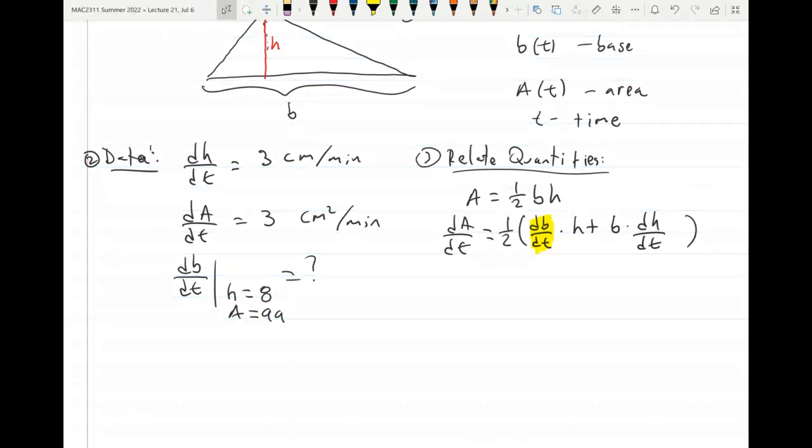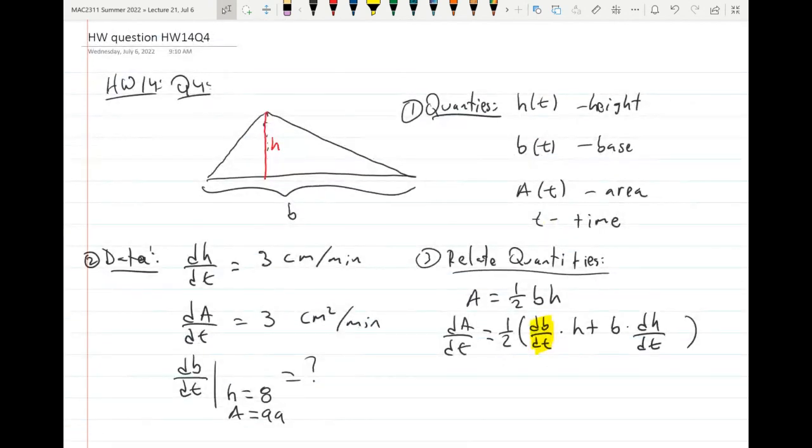Now, how do we find B at that point in time? That's when we need the area. We need to come back to the triangle, right? Because we know that the area equals 1/2 base times the height. Or if you want, you can solve for B here and then write it in terms of the area. But the point is that at this point in time, the area is 99, the height is 8. We can figure out what the base is at that point in time. Okay?